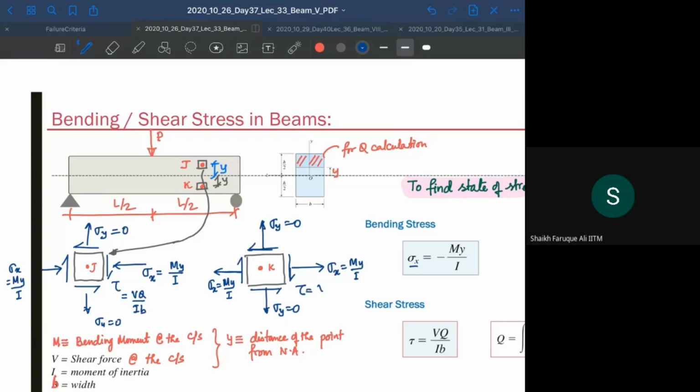Tau equal to VQ by Ib. Did I draw it correctly? I don't think I've drawn it correctly. Let me correct my picture because the shear force diagram is positive, it's not negative. VQ by Ib is positive, not a negative sign. Okay. So it's going to be like this, and not like this, like this.